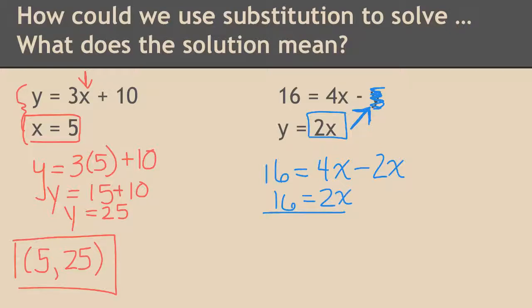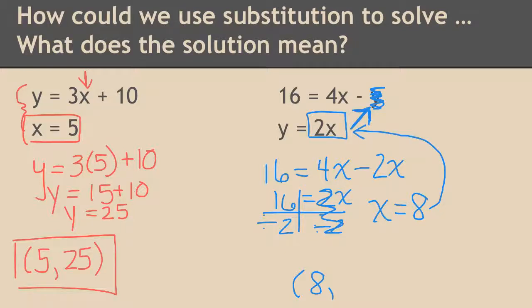If I solve that by dividing by 2 on both sides, I'll find out that x is going to be 8. So I can start my answer. 8 is x. And this is actually a double substitution because now I can take this right up here. Well, if y is worth 2 times x, and x is 8, 2 times 8 is 16. That is the solution to this system.